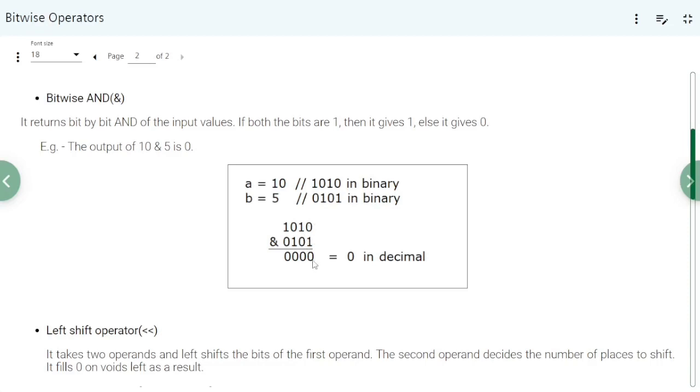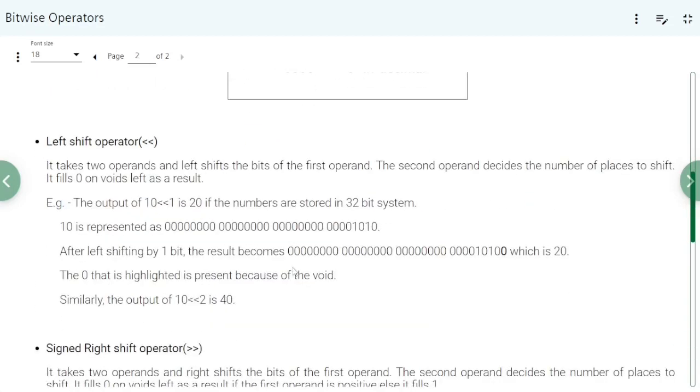That's why you will get a 0, because in bitwise AND you need to have both the bits as 1, then only you will get 1. Otherwise you are going to get a 0. So okay, that's why a 0 here. Again, no two ones, that's why 0. Again 0 and again 0. So the result will be 0, right? Okay, great.